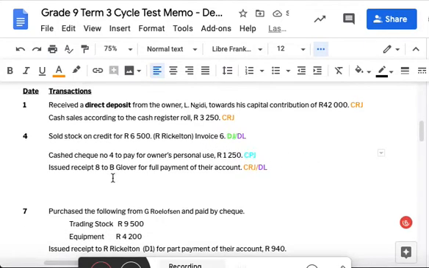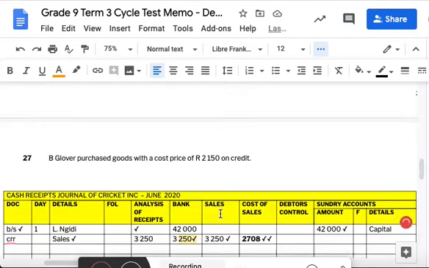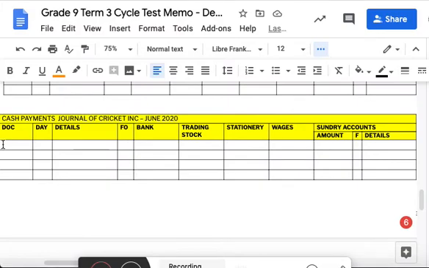If we go to the CPJ first, check number 4 for the owner's personal use. When the owner uses money for his own personal use, what do we call that? Drawings. So our detail here, what's our detail, Zach? He's cashing a check. Someone help Zach.